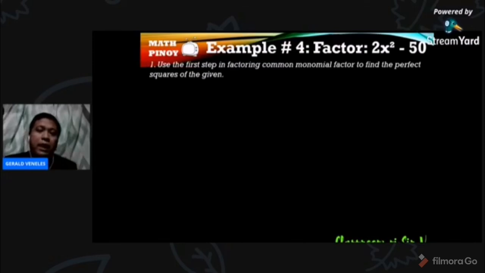So babalikan natin yung pinag-aralan natin sa una. Gagamitin natin yung first step in factoring common monomial factor para mahanap natin yung perfect square sa given expression. So ano ba ang first step in factoring common monomial factor? Sige nga, may nakakaalam ba? Ano yung first step in factoring common monomial factor?